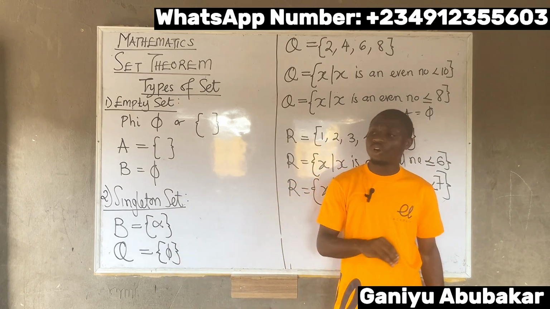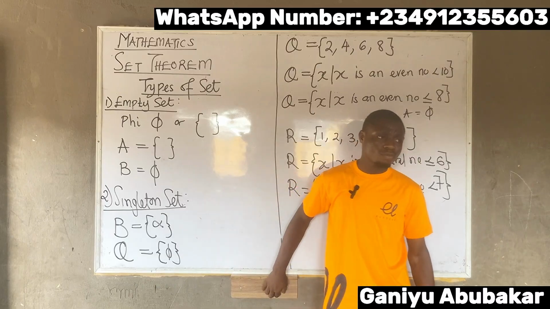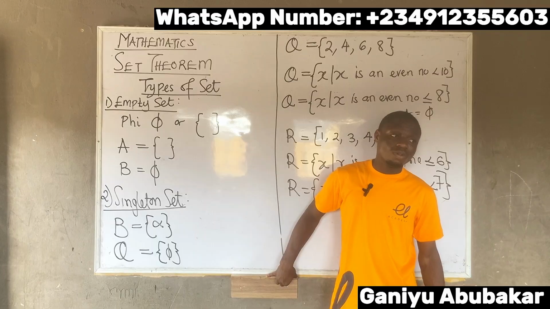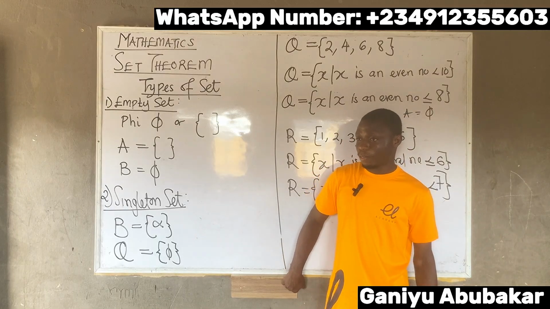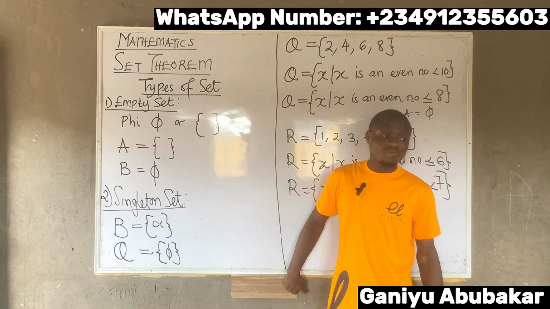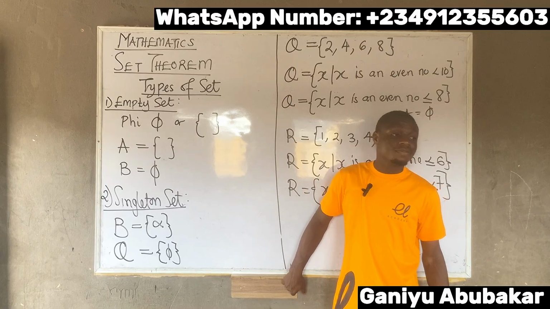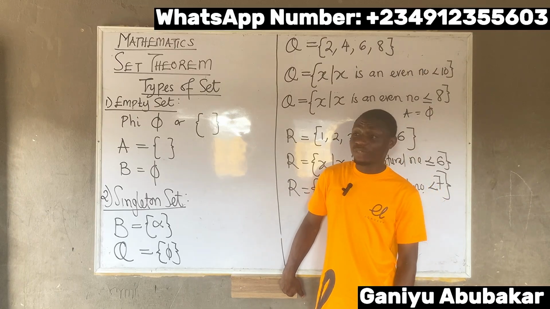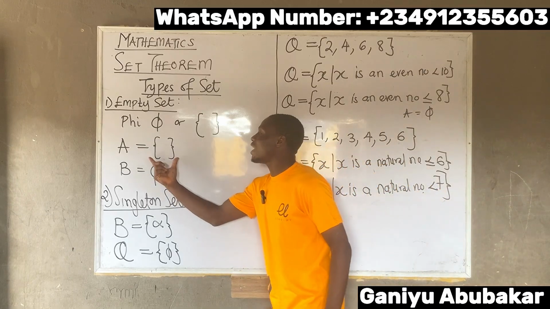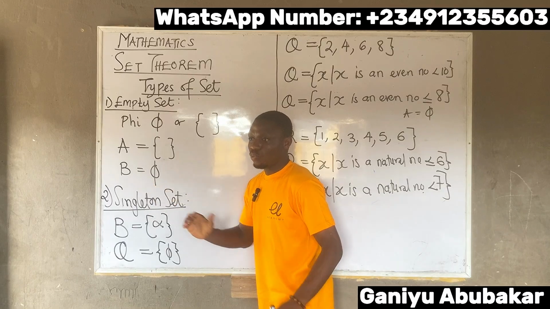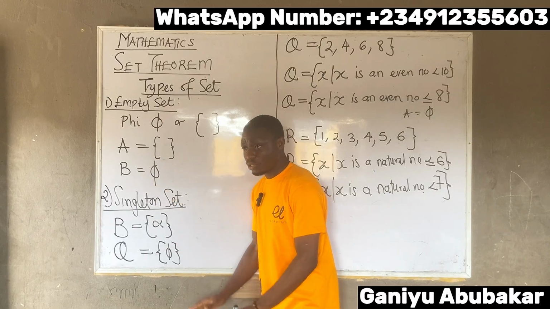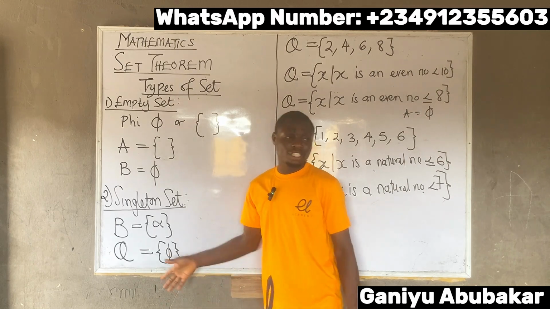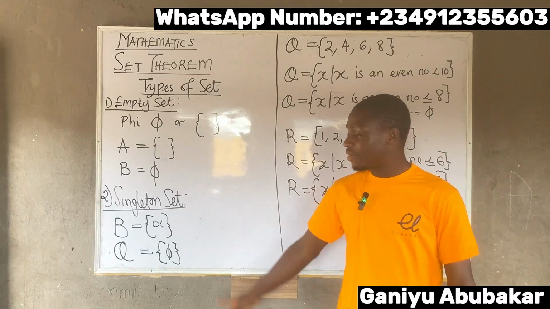Is it singleton or an empty set? It shows that there's something inside of it. How many is that thing? Just one. That's a singleton. When they are separated, they are empty. But the fact that I have something inside makes it a singleton set. Please observe that.